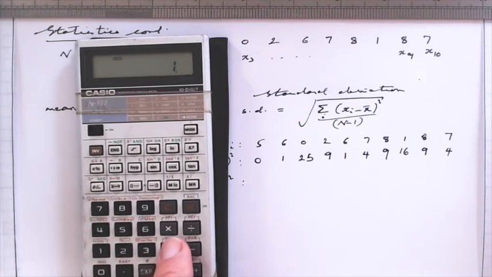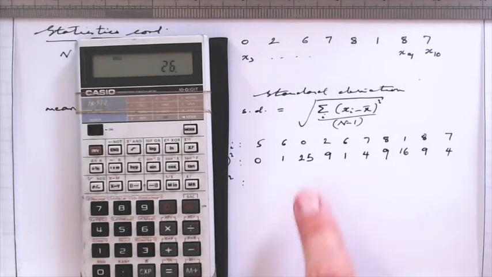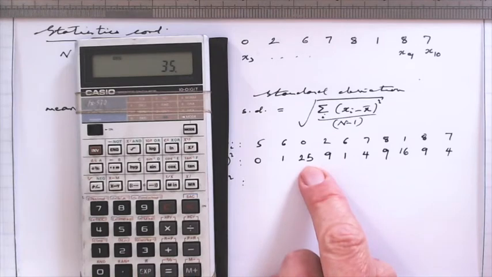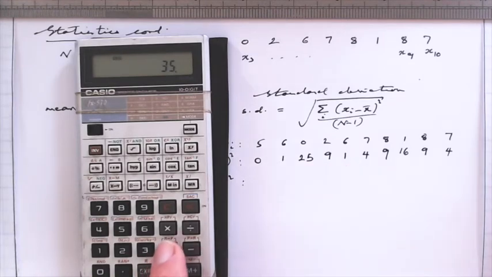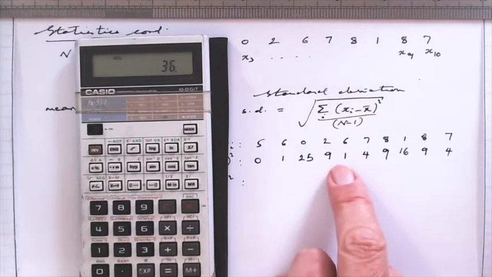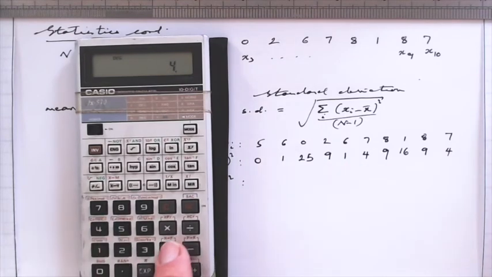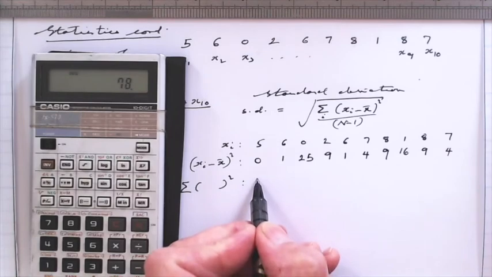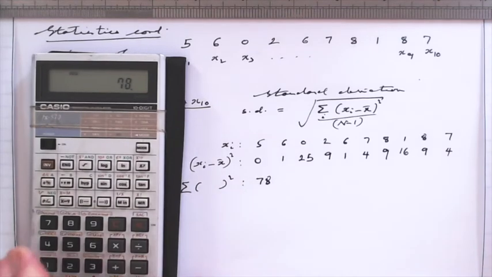I have 1 plus 25 plus 9 plus 1 plus 4 plus 9 plus 16 plus 9 plus 4 equals 78. So that apparently is the sum of those values.